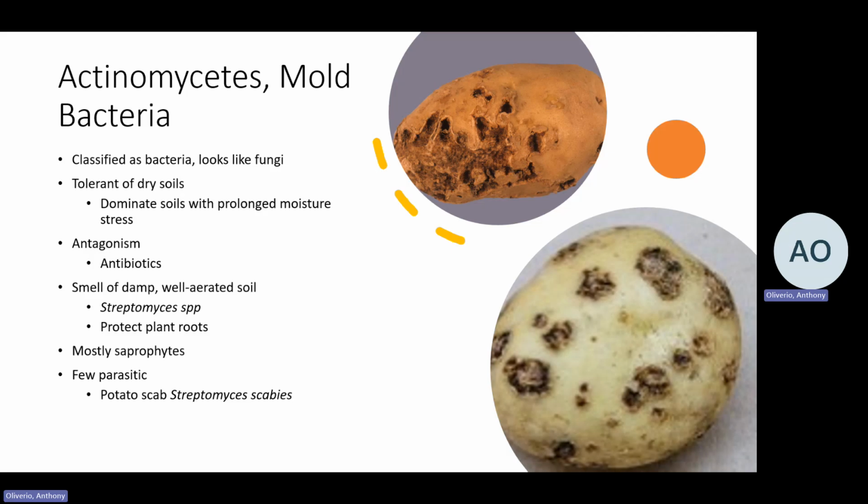It kind of looks like a fungal infection, but it causes a pretty harmful effect on potato crops. Again, another issue with having only one species or one variety of potato in a crop. You get this in your crop and it'll spread very quickly. Plants don't have a resistance. It's good to have many different types.